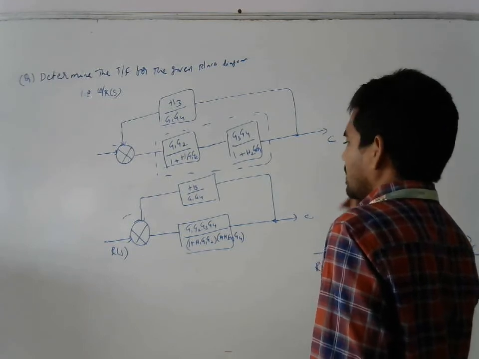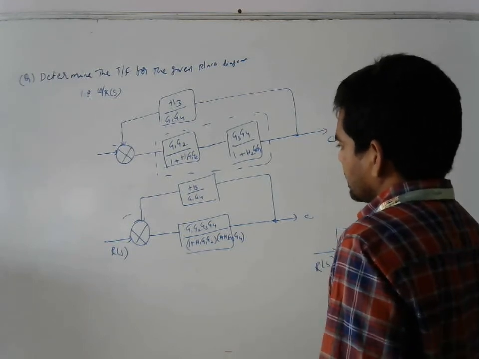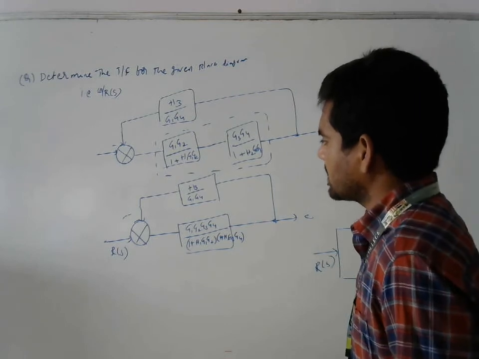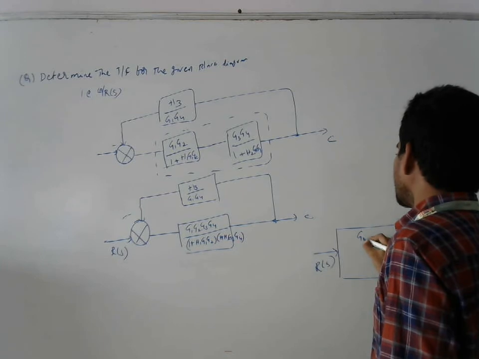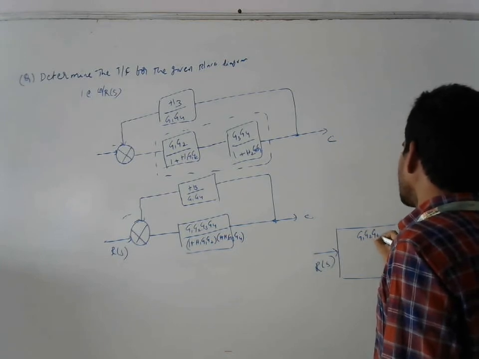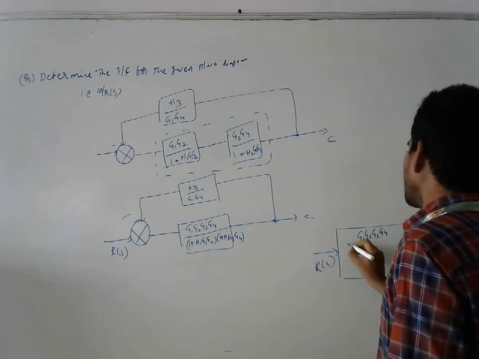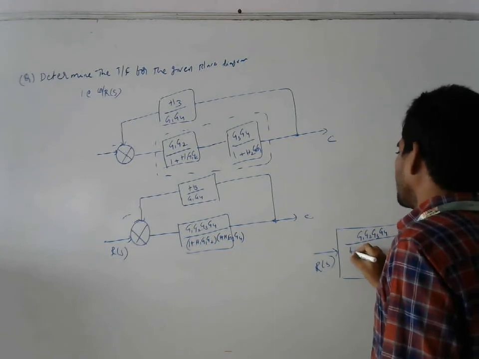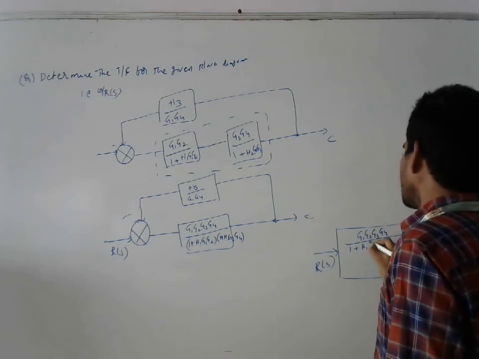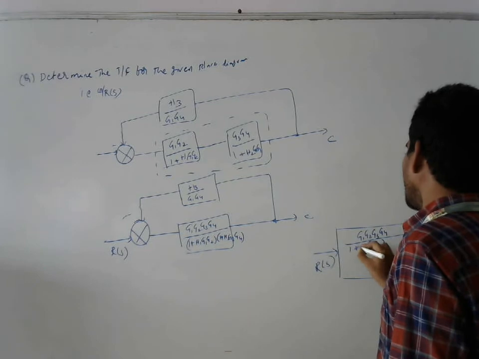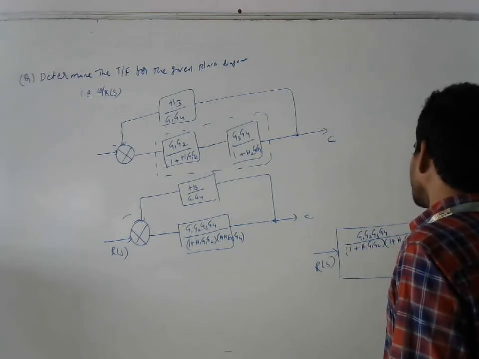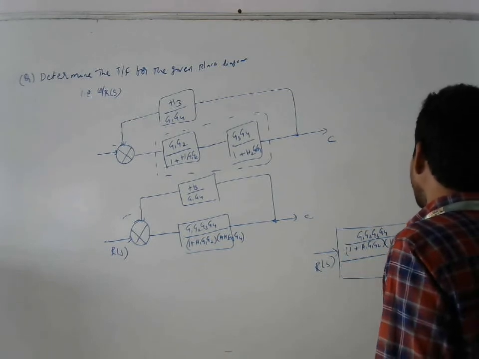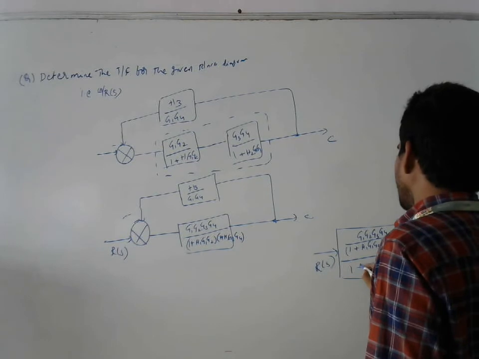R of S. Now what are we going to get? What is the feedback? H3 divided by G1, G4. That means we have G1, G2, G3, G4 whole divided by 1 plus H1, G1, G2 into 1 plus H2, G3, G4, whole divided by 1. Which feedback? Negative feedback.